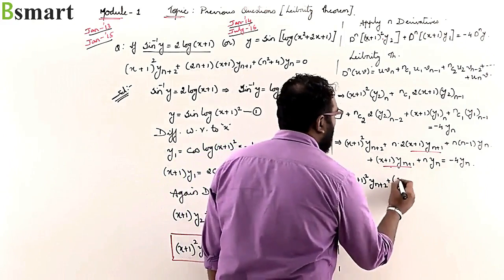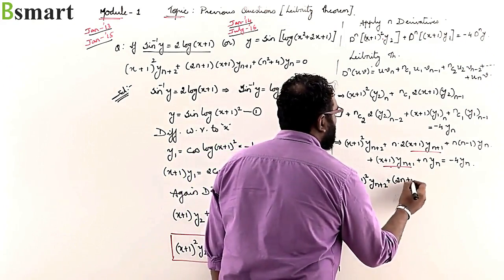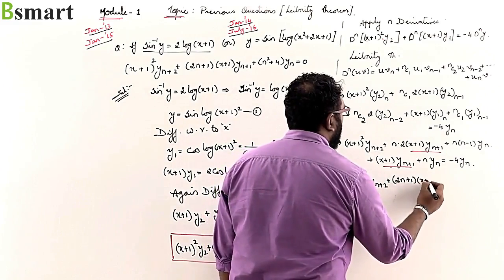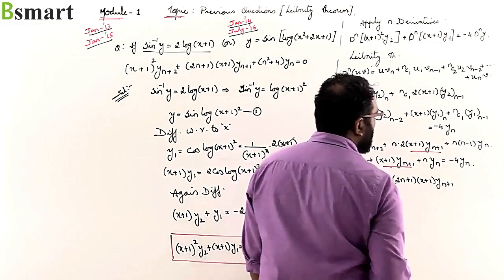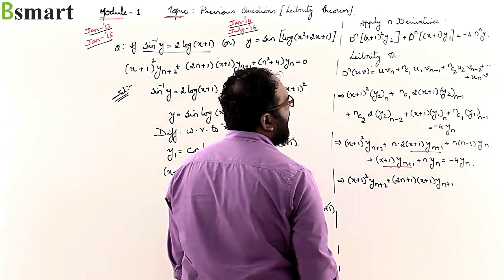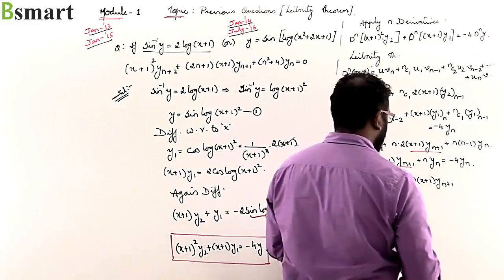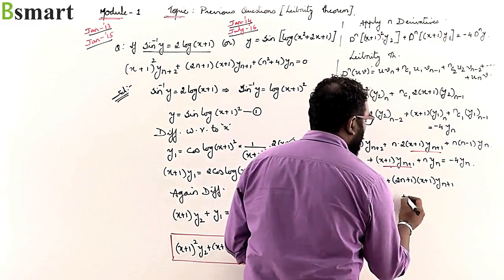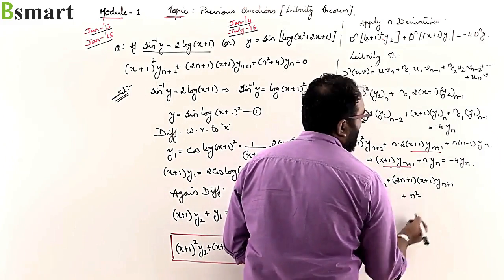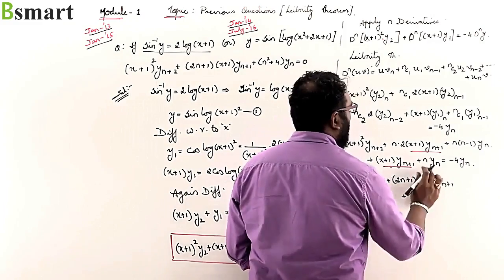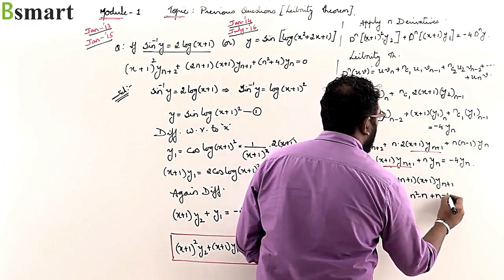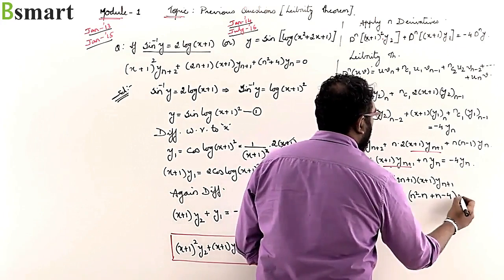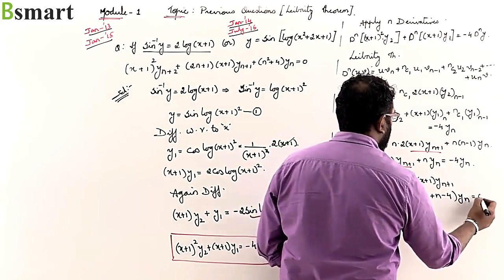So then we are left with (2n plus 1) into (x plus 1) into yn plus 1, and if we take out all the yn terms common, that will be plus n square minus n plus n minus 4 into yn is equal to 0.